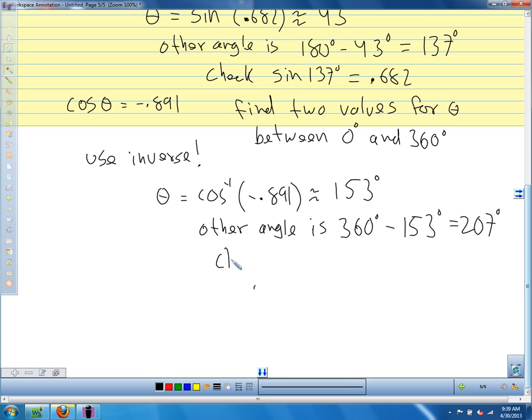And we check. The cosine of 207, if you plug that in your calculator, comes out to negative 0.891. But we can always come up with two angles that have the same sine or two angles that have the same cosine. Questions?